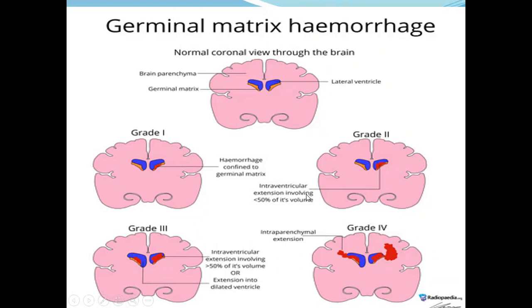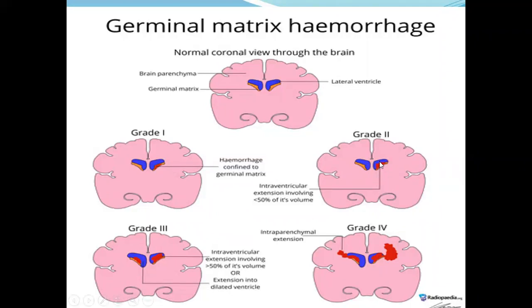When you come to grade 2, nothing wrong. Grade 1, remember, is subependymal because it doesn't break into the ventricle. Grade 2, however, will break into the ventricle, but it won't cause dilatation of the lateral ventricle.